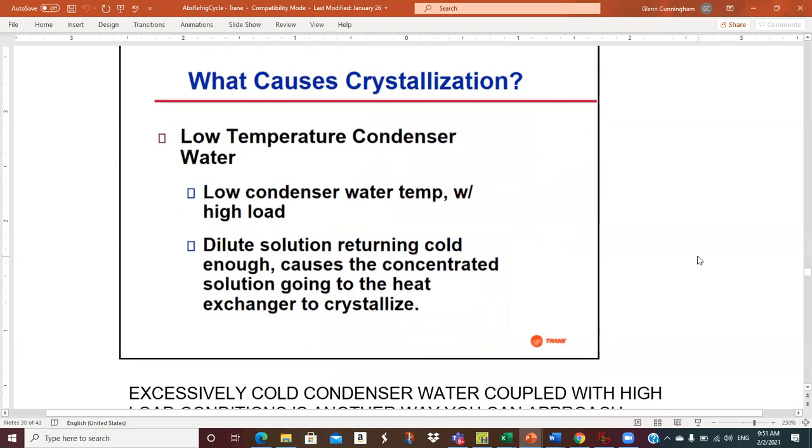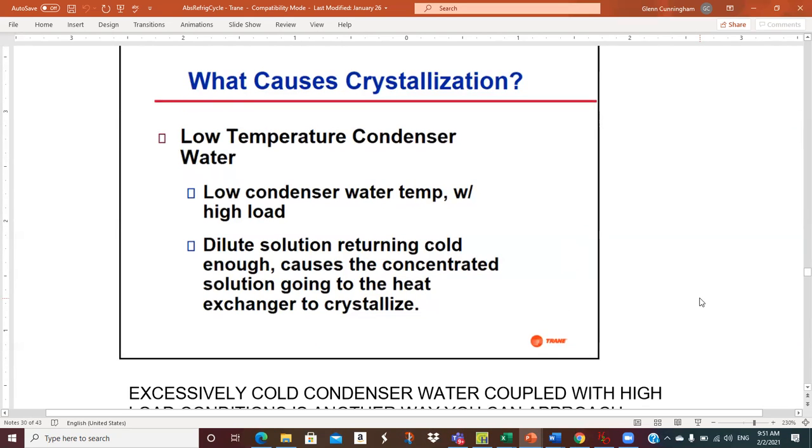Okay, second reason. What causes crystallization? Low temperature condenser water. When it's not so hot outside, depending on your cooling tower controls, if you run your cooling tower fans, you can make that condenser water temperature colder than 85. We showed on the slide 85 coming in.